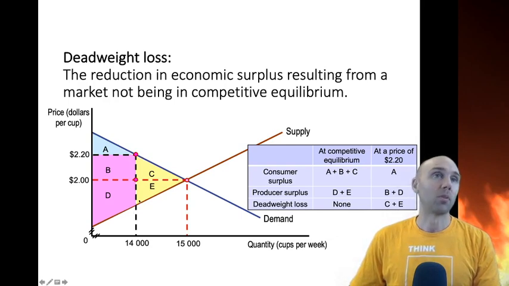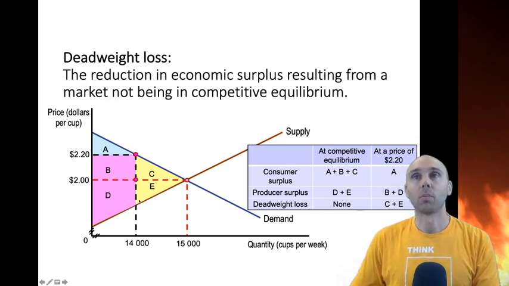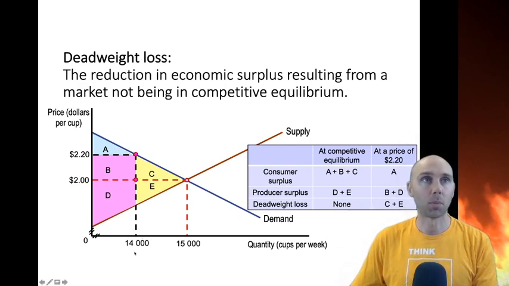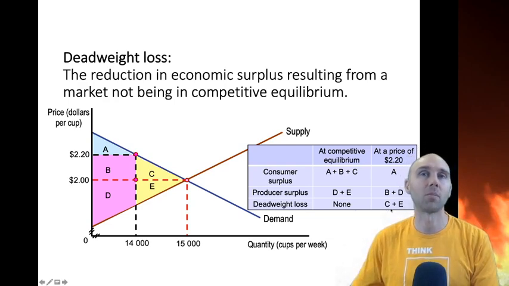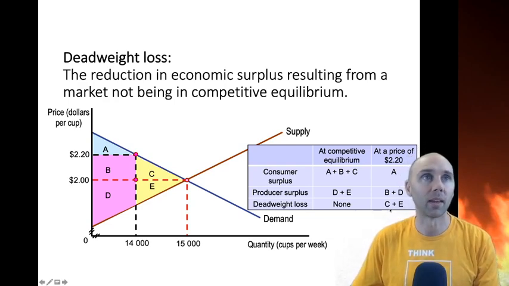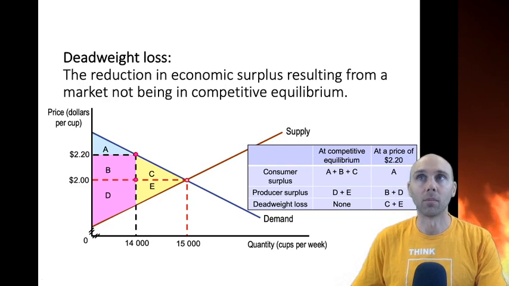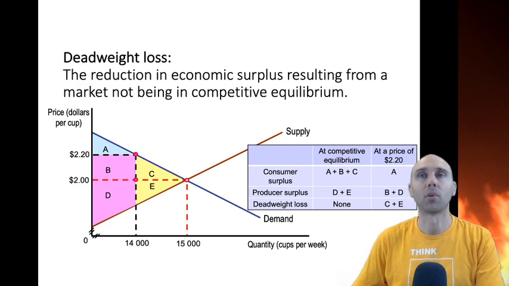Well, before that was a welfare gain, that was a surplus, and now it just doesn't exist anymore because there's no trade happening past the 14,000 cups point. So this is kind of like surplus that's lost to society, and we call that the deadweight loss, C plus E, which is a measure of the inefficiency that comes about from this price being off the equilibrium or competitive market price.